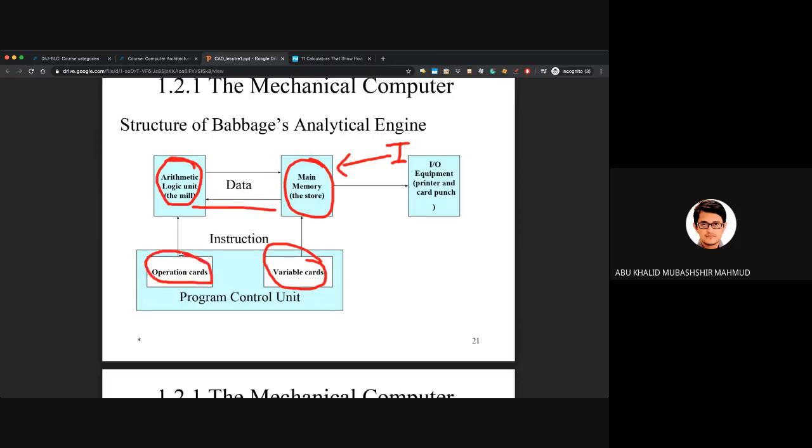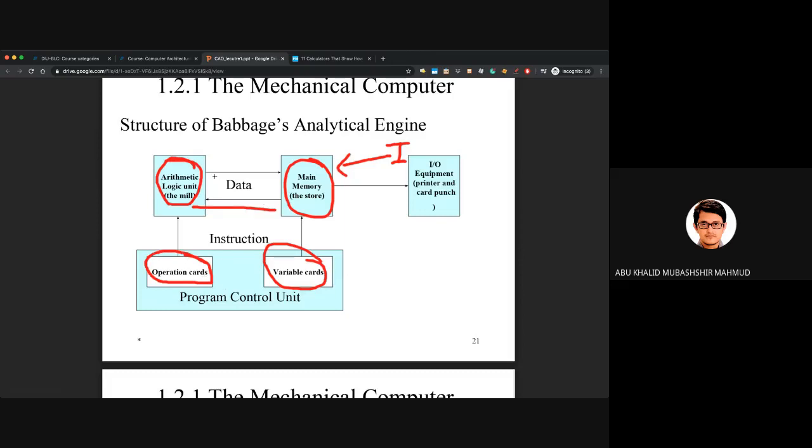We have completed the assembly language programming course, and we know how the operation works in assembly language, and it got its basics from this analytical engine.